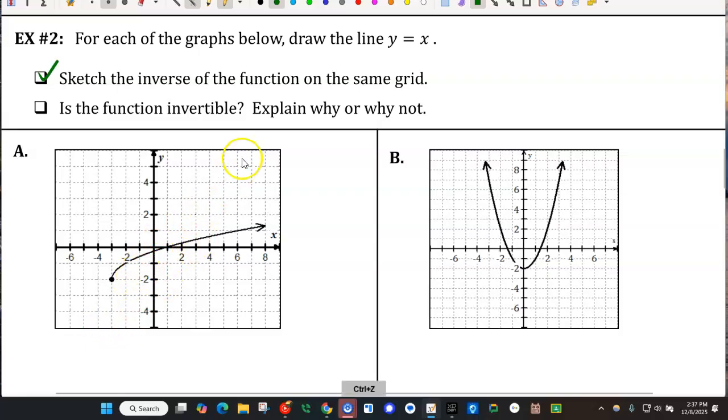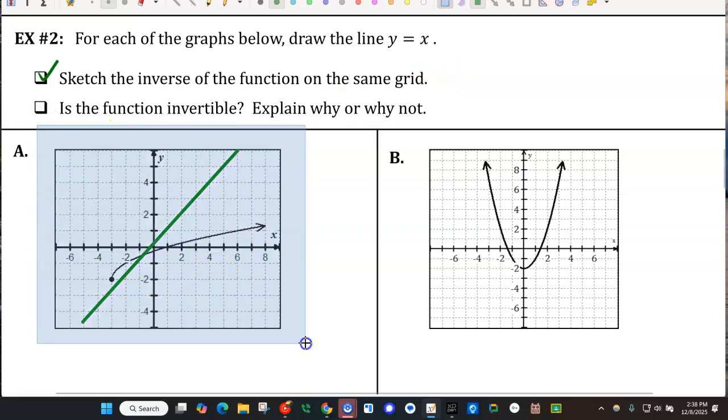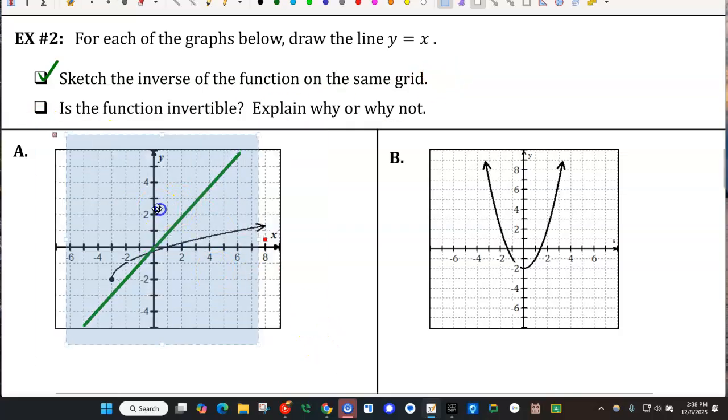Let me do this all the way from the beginning. This is 5, 6, right there. There we go.